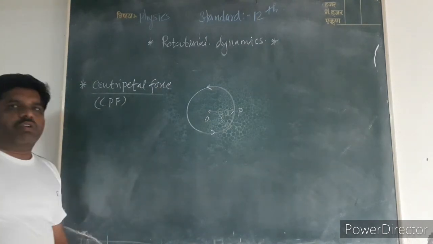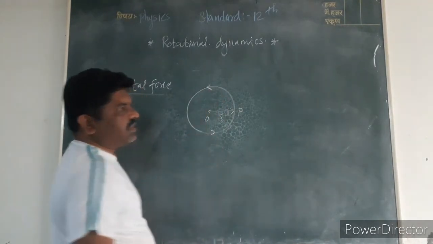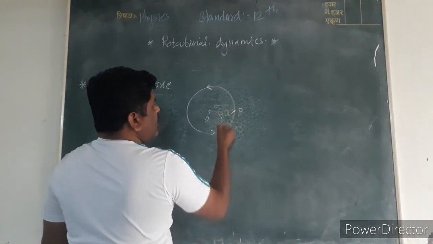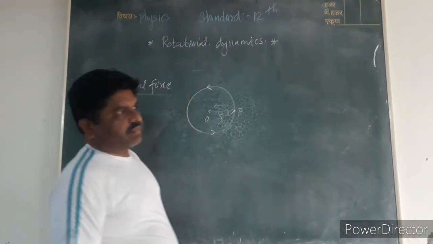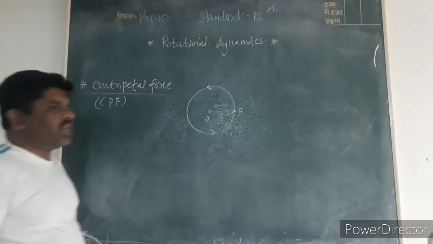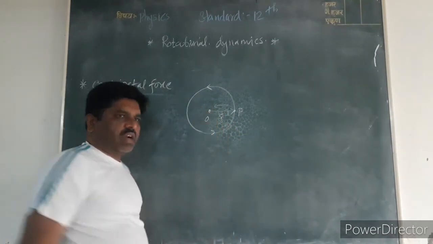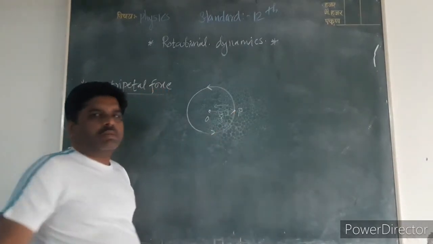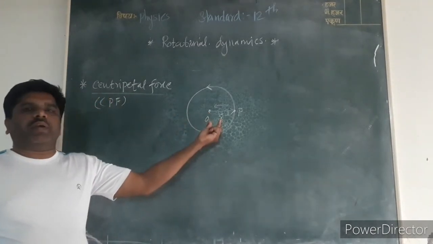The centripetal force is a real force, and this force acts from the particle towards the center of the circle, and that type of force is called centripetal force. In other words, if the particle revolves around the circumference of a circle, the force is exerted from the particle to the center of the circle through the radius vector r.